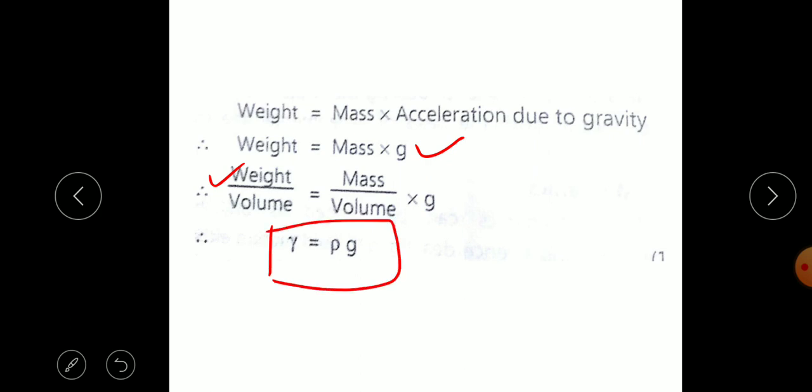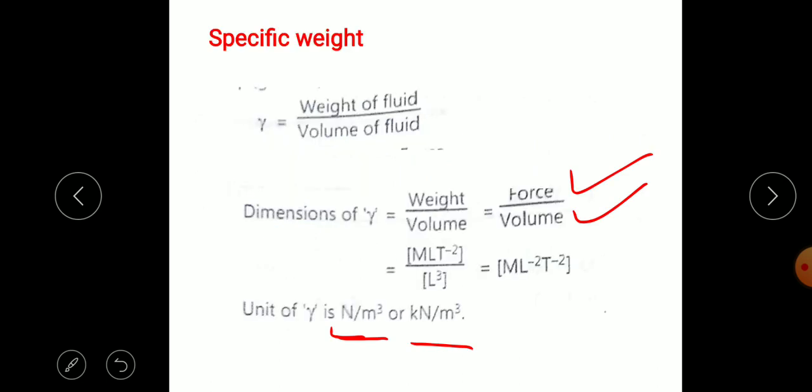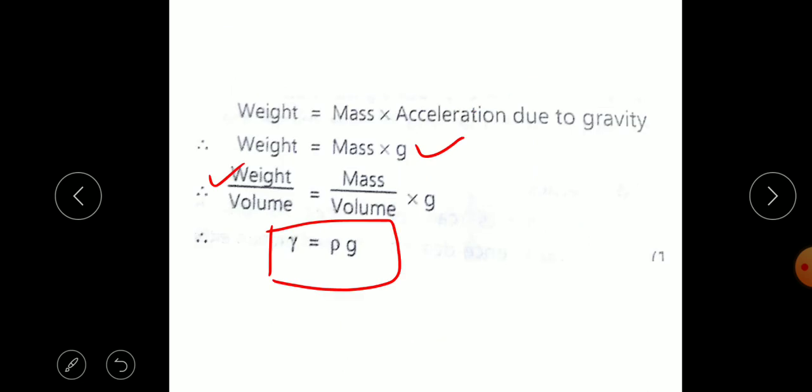Specific weight is the product of density and g. So here are two formulas for gamma: the weight of the fluid upon volume of the fluid, or specific weight is equal to rho into g.